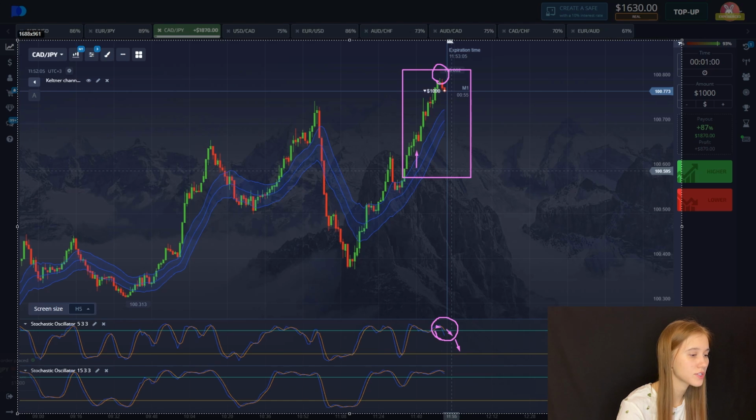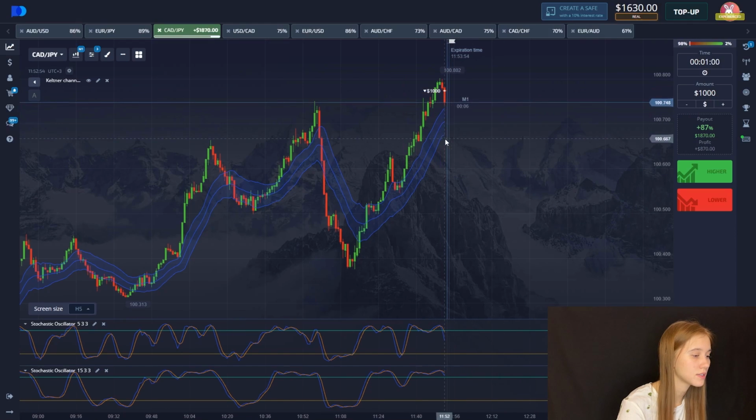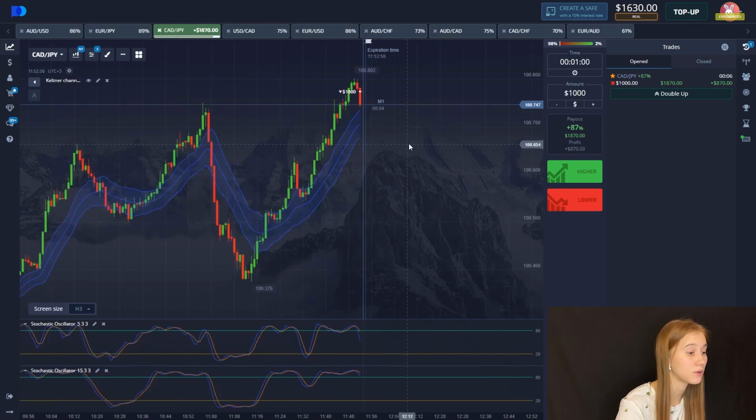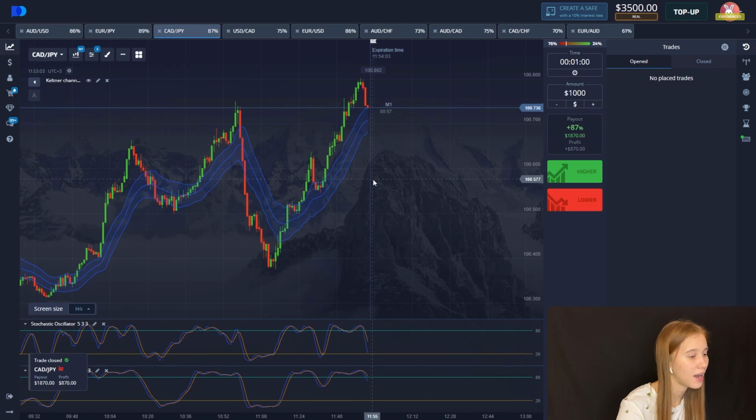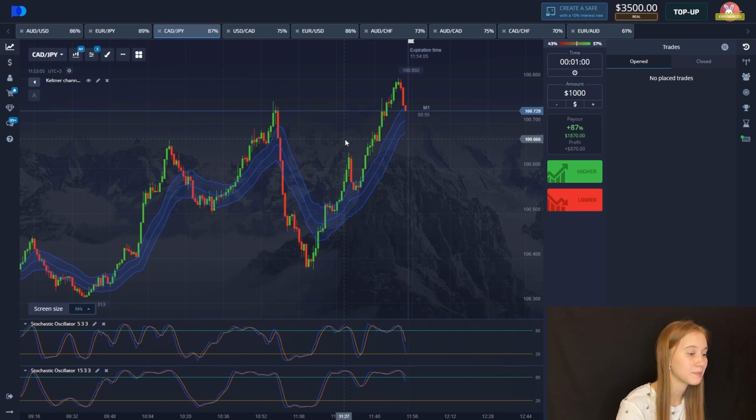We see intersections and the overbought area, and based on this we opened a deal for a fall. We see similarities. Here we have an intersection and then we open a down trade. You see what happens to the candles in the last seconds, and our trade is in plus.